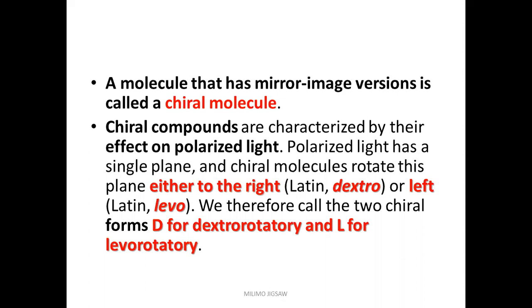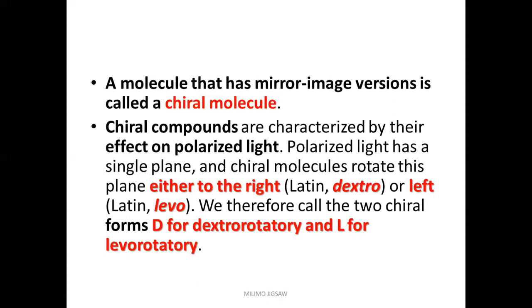Chiral compounds are characterized by their effect on polarized light. We have those that can rotate to the right, which are called dextro, and if they rotate to the left, it's called levo.